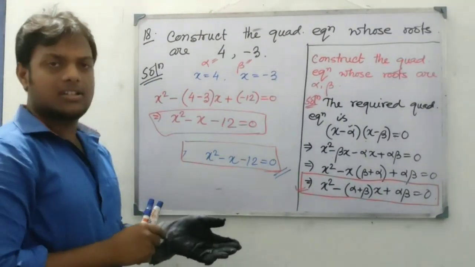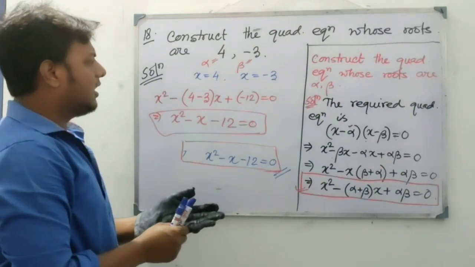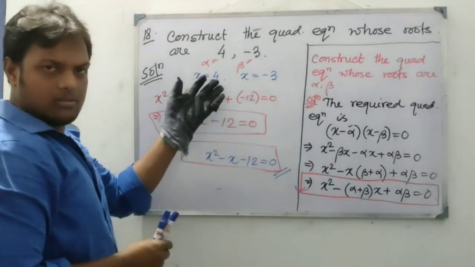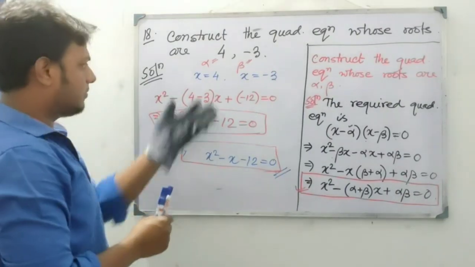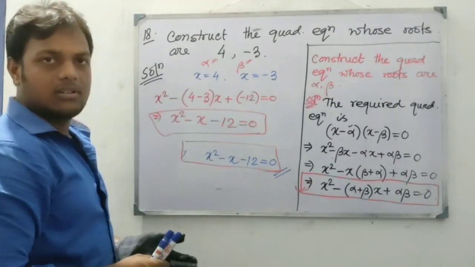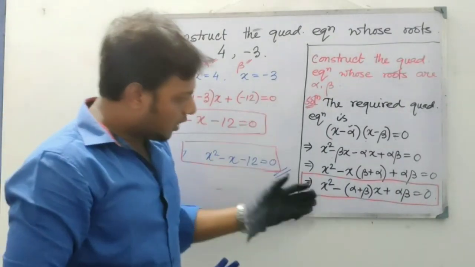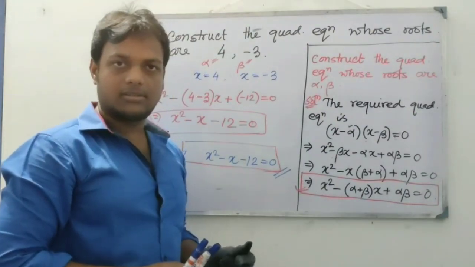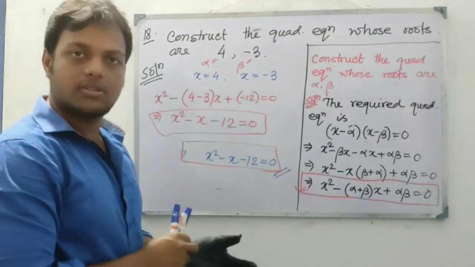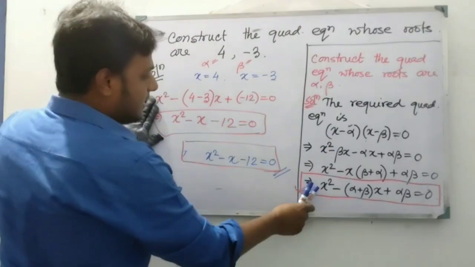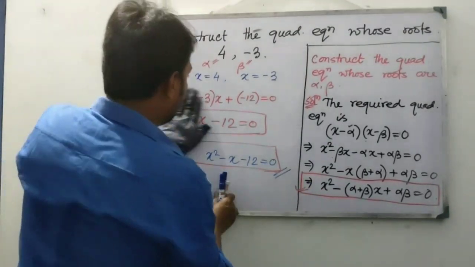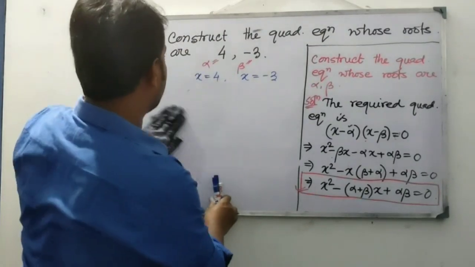Suppose you forgot during the exam time, then you can solve that problem by the previous method. It is not mandatory that you have to solve by the direct method. You can solve by the previous process also. You can memorize this thing in another form also. How? I am writing here in a sentence.